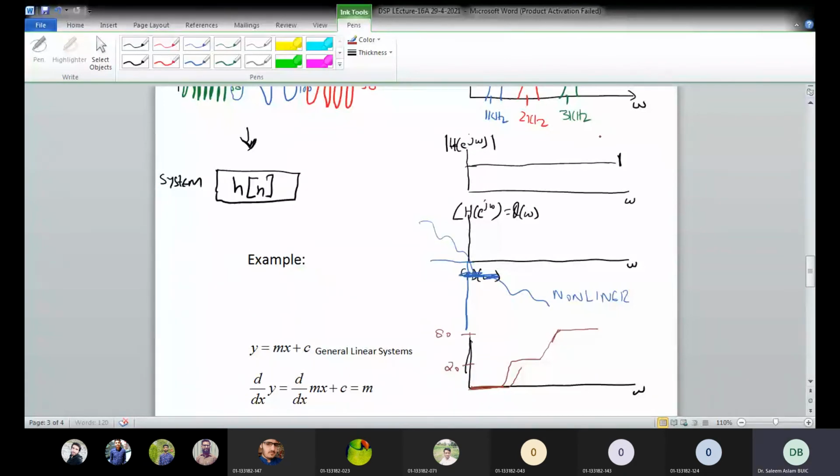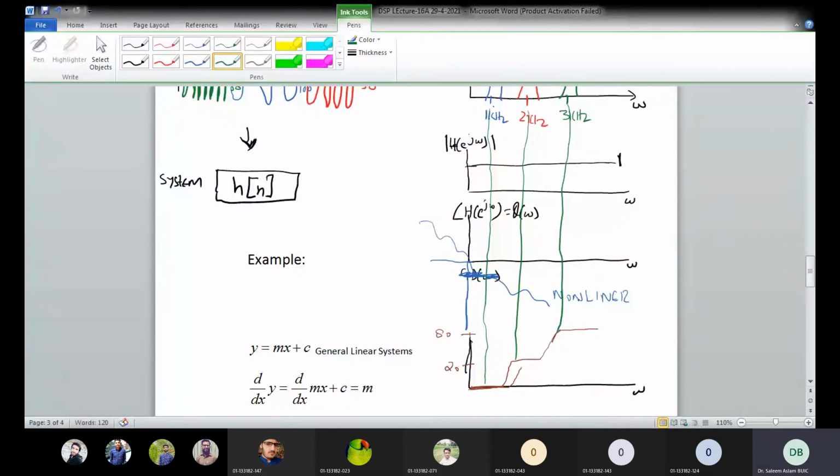So how do you read this? This is your 1 kilohertz, 2 kilohertz, 3 kilohertz. You just need to look down at the 1 kilohertz. This frequency has a group delay of 0, 2 kilohertz has a group delay of 20, and 3 kilohertz has a group delay of 80.